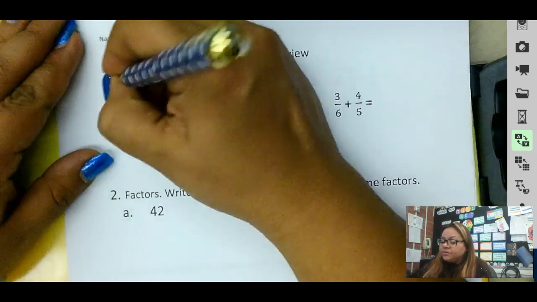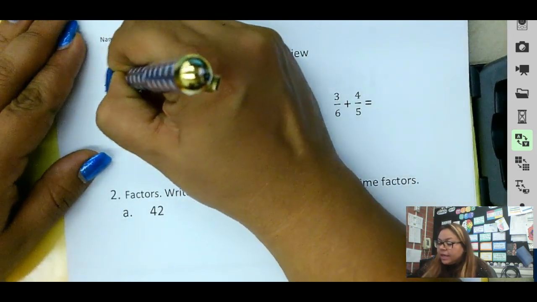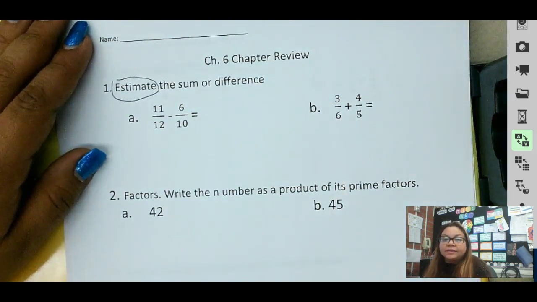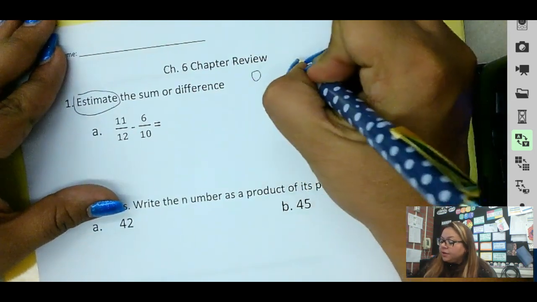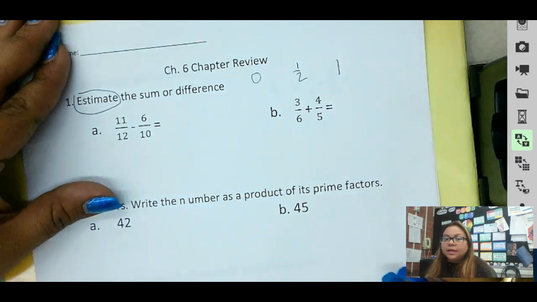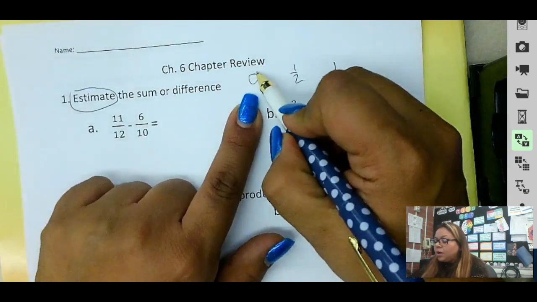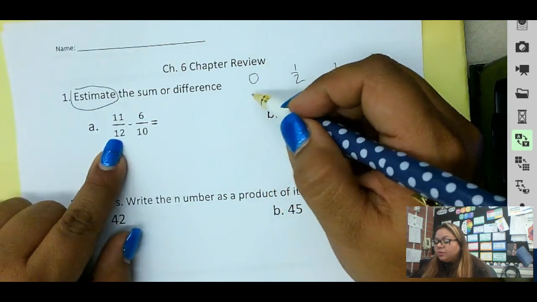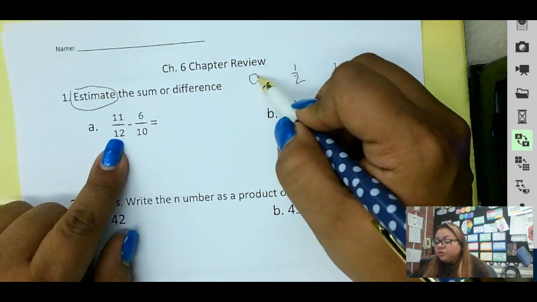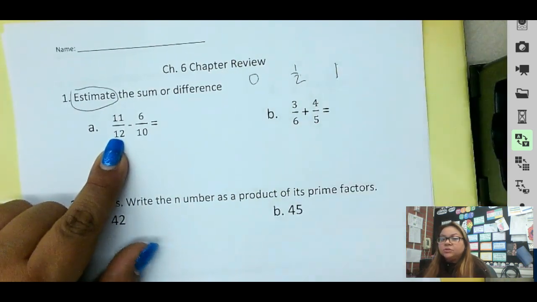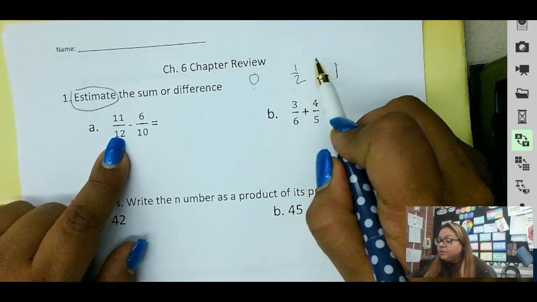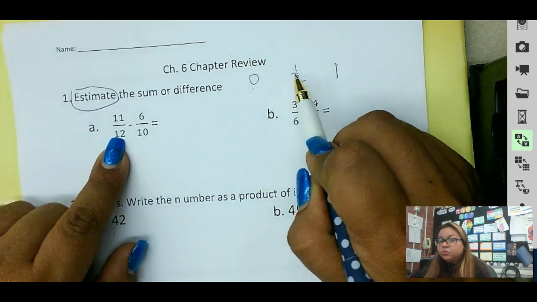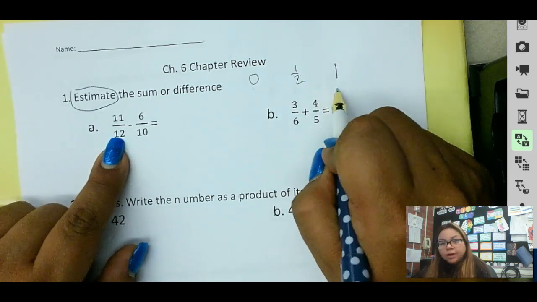Remember that when you see estimate, it means that you're giving an educated guess. And it's this kind of problem where you have a benchmark of 0, half, or 1. What that means is that you're rounding each of your fractions to either 0, half, or 1. So you need to ask yourself, is my fraction closer to 0, or is it closer to 1/2, or is it closer to 1?